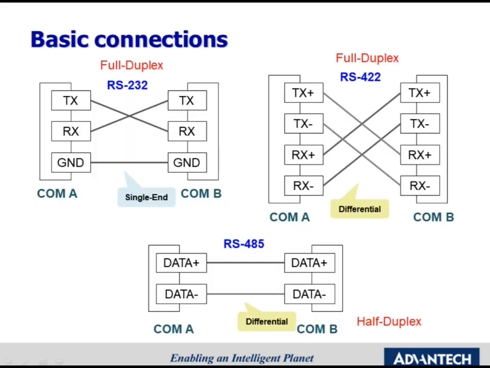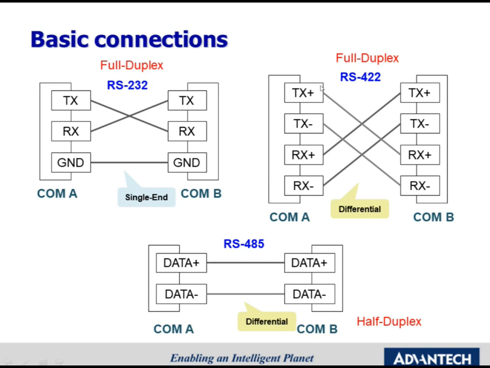This slide shows the wiring diagram of different communication interface. First is RS232. It's TX connected to RX, RX connected to TX. From a wiring diagram, we can know that RS232 is full duplex, which means you can send and receive at the same time. Next is RS422.